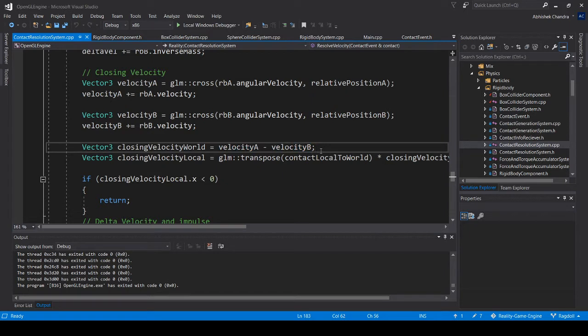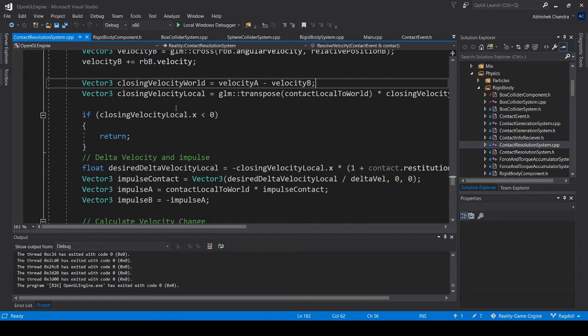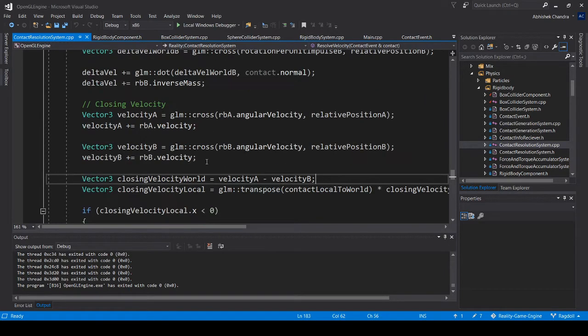If you remember, the coefficient of restitution of a collision is basically the ratio of outgoing versus incoming velocity. So from the closing velocity, of course, we do want to make sure we convert that to the local coordinates. We are doing everything in our contact coordinate system.